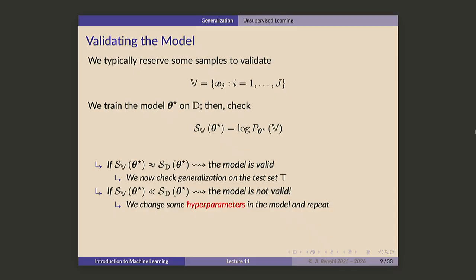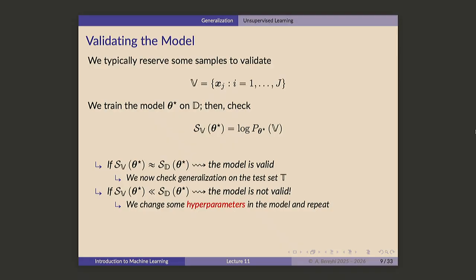Because you tested, saw it's not working, changed the hyperparameter, and again tried it on validation, and finally it works. Maybe again it works only for this validation set. In order to make sure that your model is really generalizing, you need to get a new test set T and check it on that one. If it's again working fine, then it means that the validation was really taking you towards generalization. If it's not getting better, this means that it was again fitting to the validation set and was not taking you anywhere better.